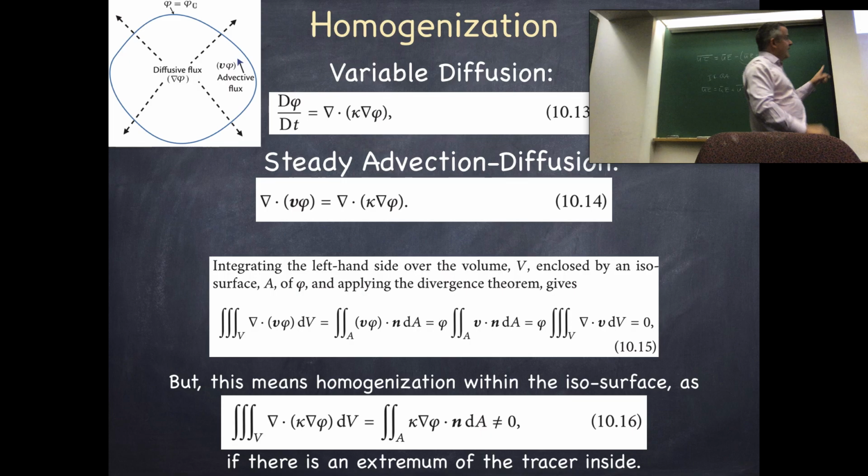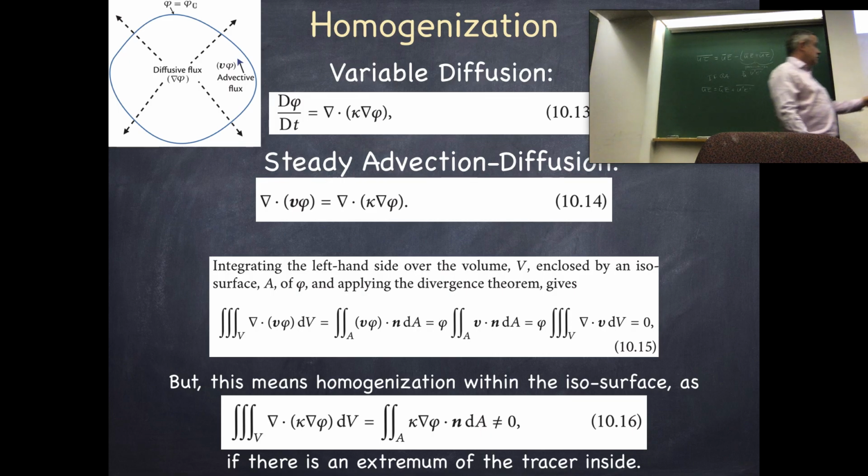And on the other side, the diffusion through that streamline is the diffusivity times the gradient of the tracer in the normal direction. So what does that say about the gradient of the tracer along the streamline?